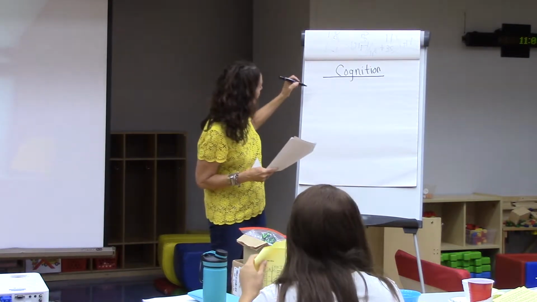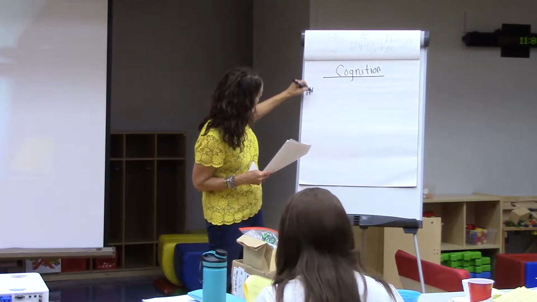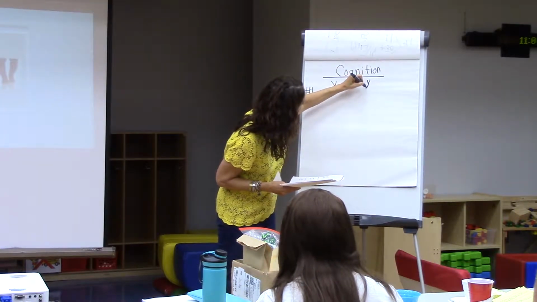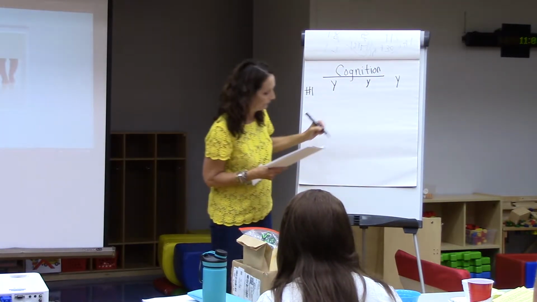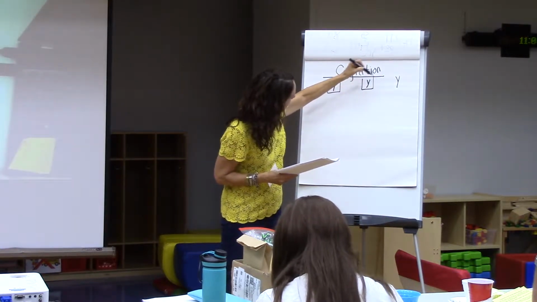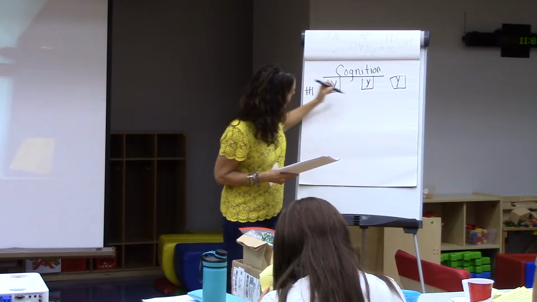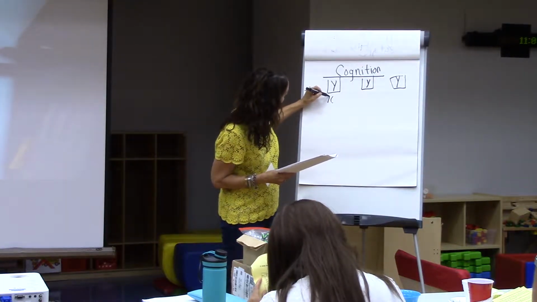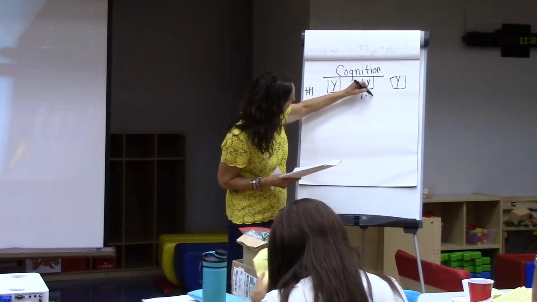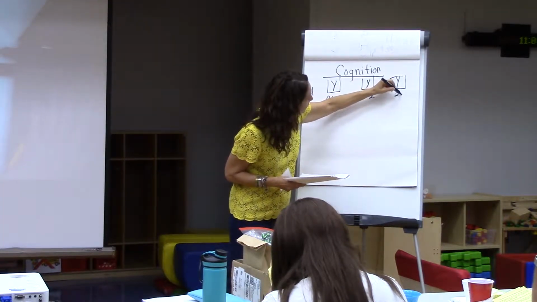So this is step number 1. I'm going to put a little Y up here for year. Okay, this is a young child. So we've got 0 to 1, 1 to 2, 2 to 3.